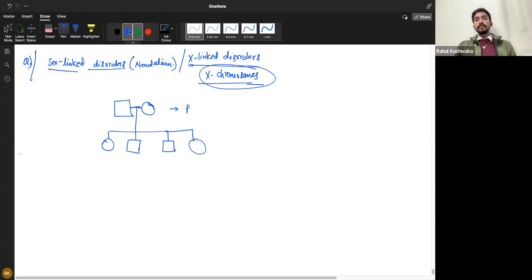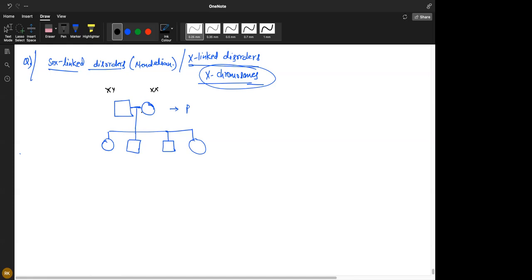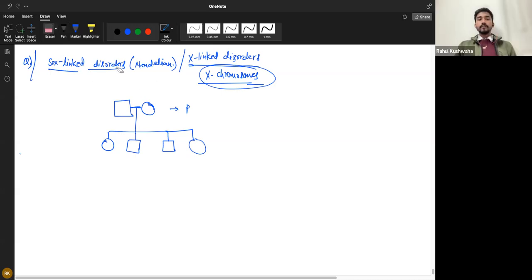If it is X-linked, we know that males are XY and females are XX, correct? Yes. For the sake of simplicity, let me write the father's X as green and the mother's X as red, so that you understand. Now, in these progeny, what will be the genotype of this female?